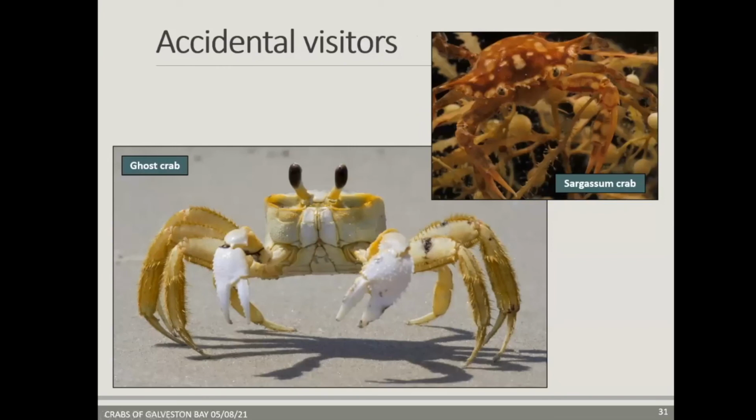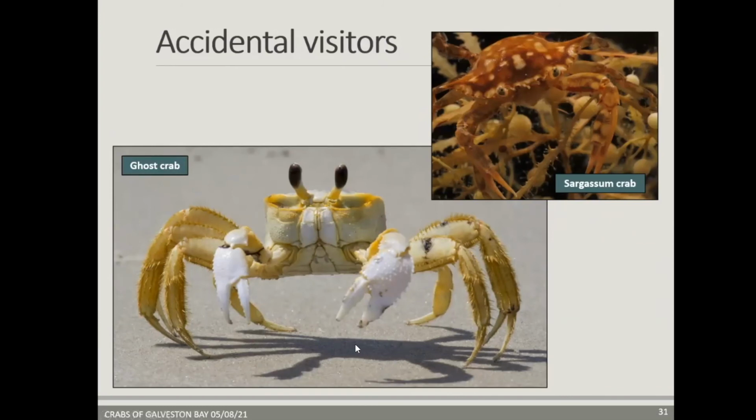And then every once in a while, if we have a storm or something causes a lot of wave action, that might bring other crabs into the bay. This is the one you guys are probably familiar with out on the beach. This is the ghost crab.